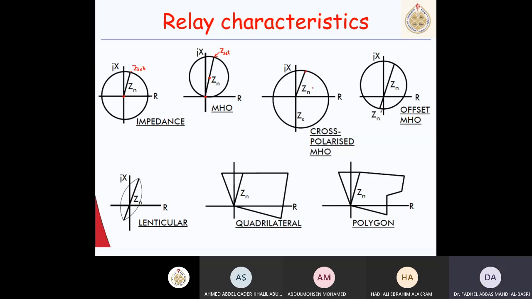This is called offset mode. It's also a circle, but it is offset a little bit from 0. We have lenticular, like a lens. We have quadrilateral. We have polygon in general.